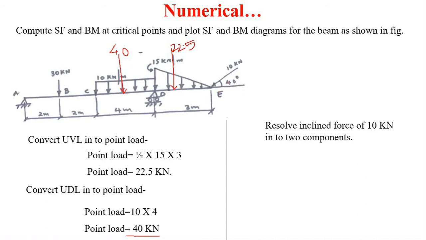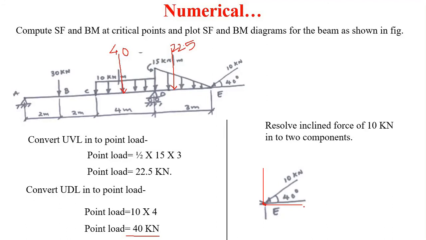We will resolve this 10 kilonewton force into horizontal and vertical components. The angle of inclination is given as 40 degrees. So the horizontal component will be 10 into cos of 40 degrees.